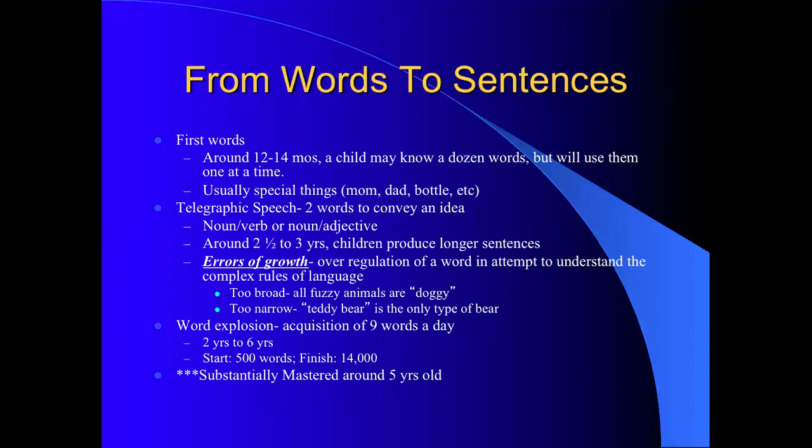And at 2 years old, they might have a word bank of about 500 words. By about 6 years old, they have a word bank of about 14,000 words. And that's impressive, right? 14,000 distinct words.